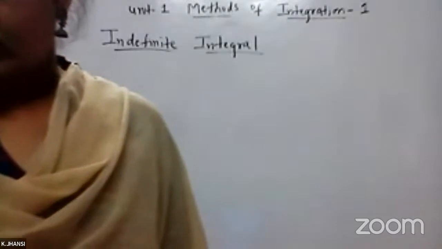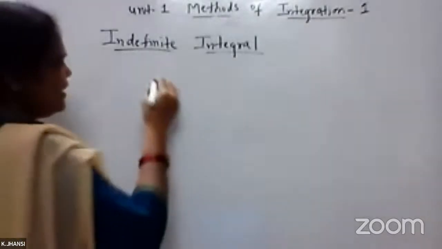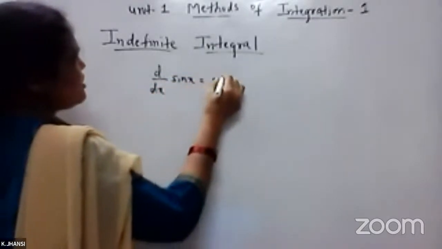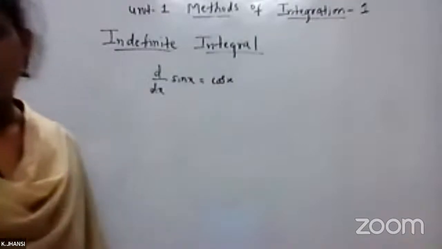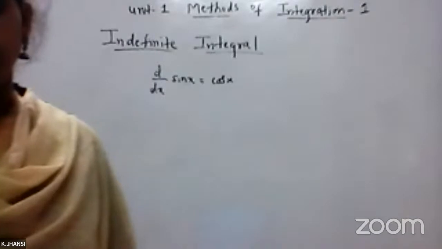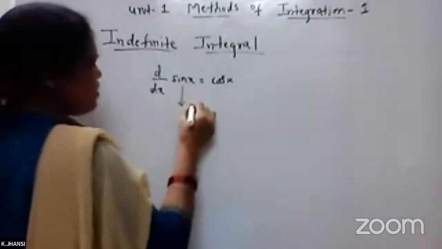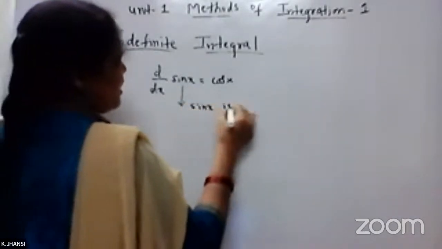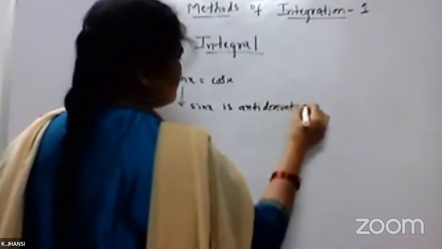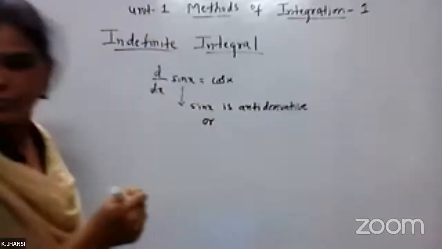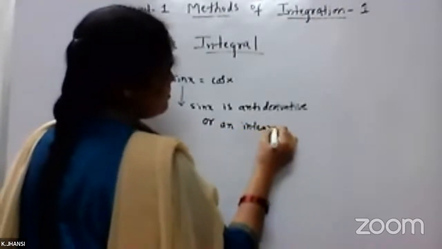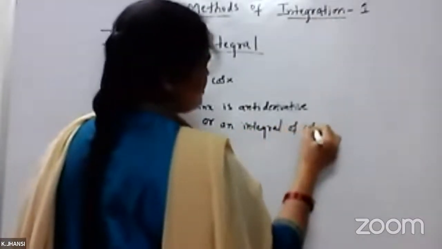We have seen already that d by dx of sin x, the differentiation of sin x, is cos x. So here sin x is called an antiderivative or an integral of cos x.